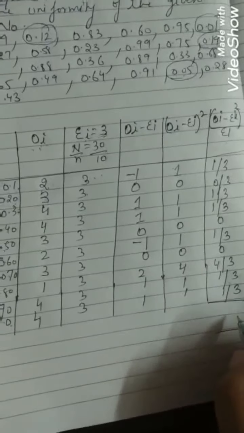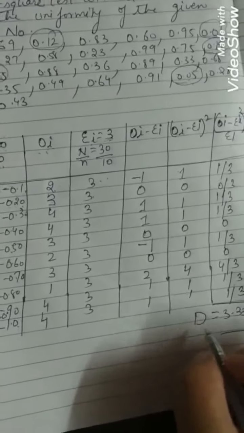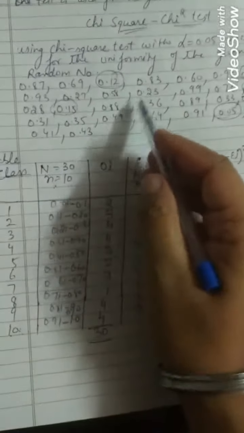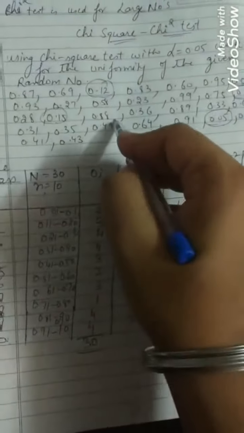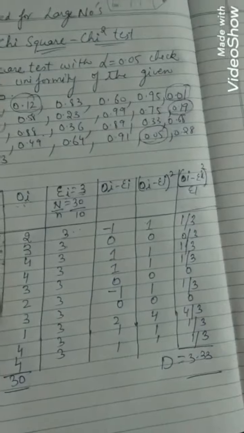Now we sum these values, and we get the result D, which is 3.33. The sum of the observed values is also 30, because we have taken the random numbers from the given statement.